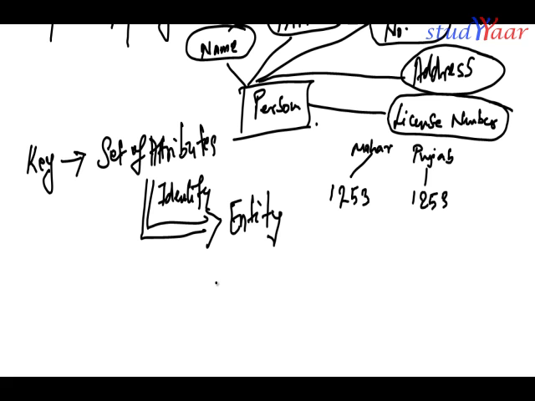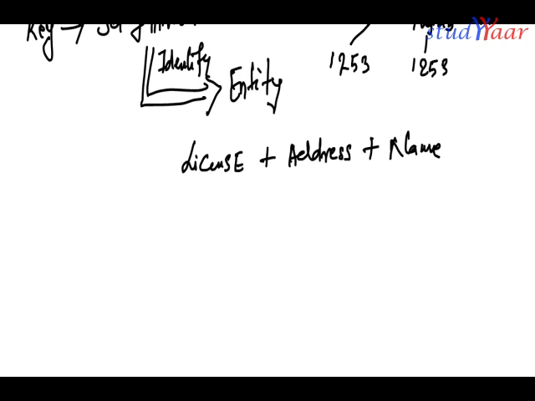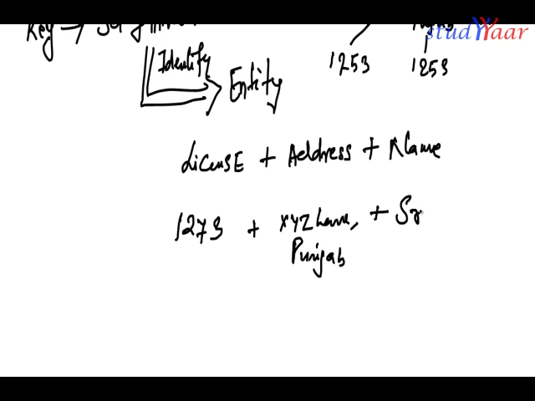License number plus address plus name. Is it a super key? Let's say we have a license number 1273, an address of XYZ Lane, Punjab, and a name of Shri Ram.